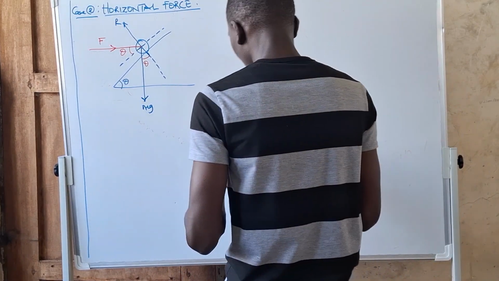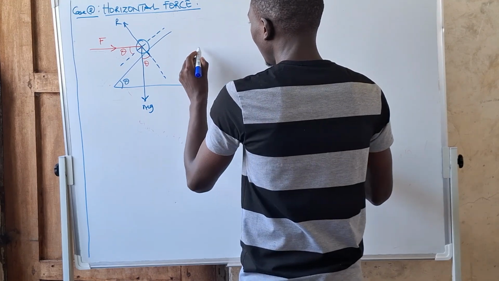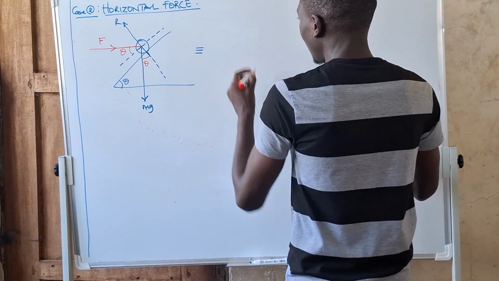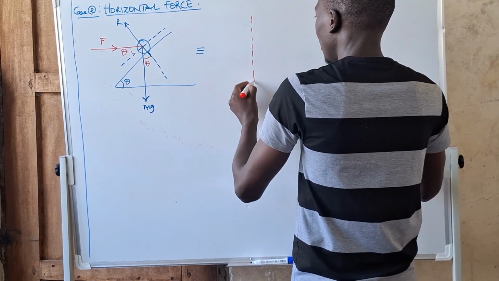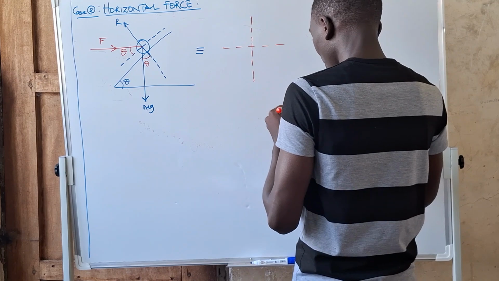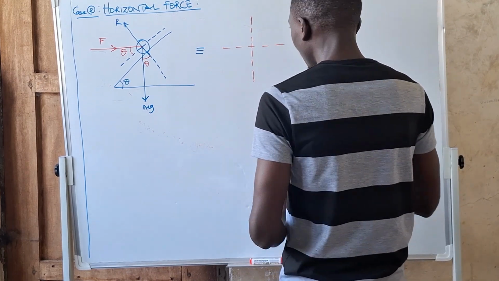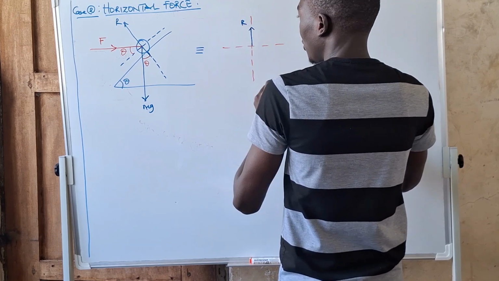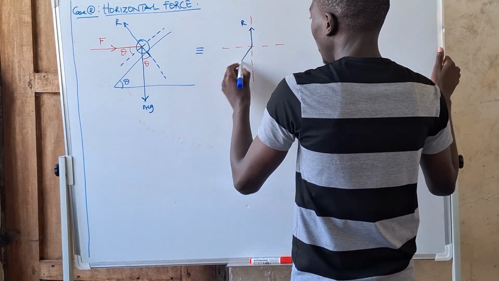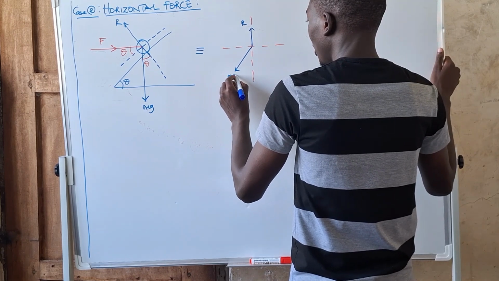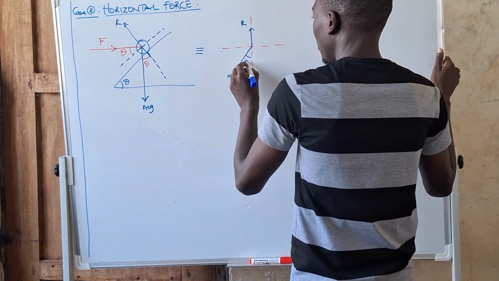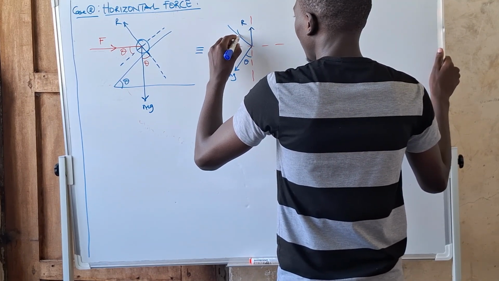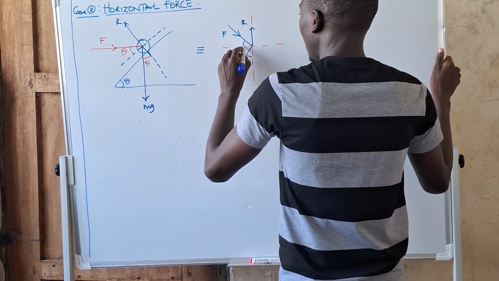So such that we can now go ahead and produce this. When we produce this, what shall I have? I have always told you that you can start with the vertical and horizontal, such that now you can come and say that here I have my reaction R. Then down here I have my weight mg acting at an angle theta, and then I have a force F acting at an angle theta.